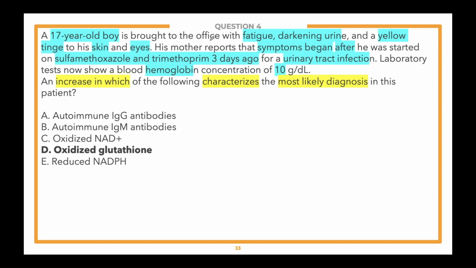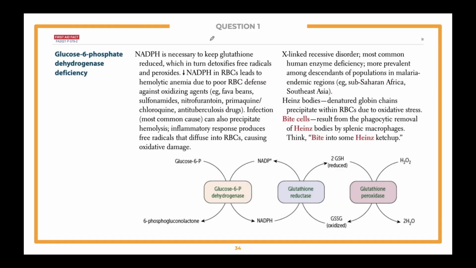Let's take a look at the next slide, looking at what that deficiency means. So it's a hereditary disorder where your red blood cells are more susceptible to hemolysis, especially in the setting of oxidative stress.